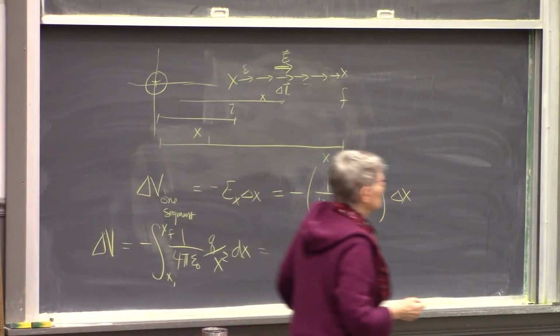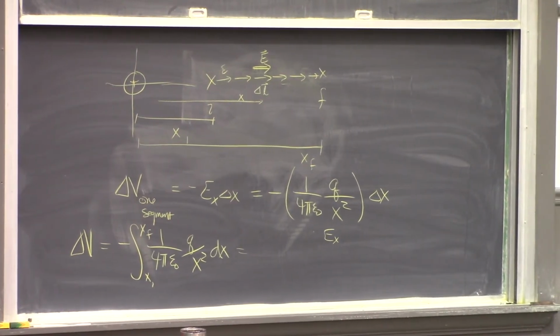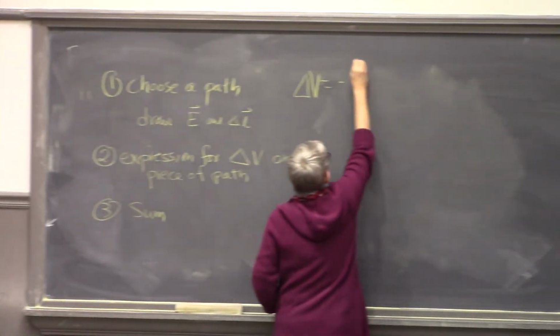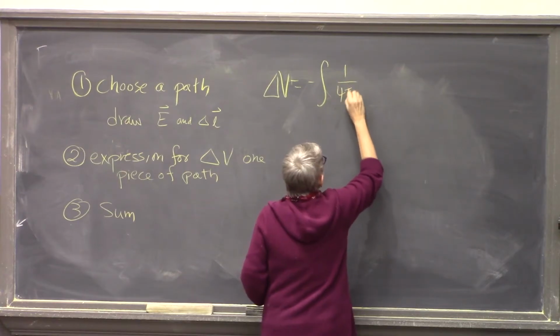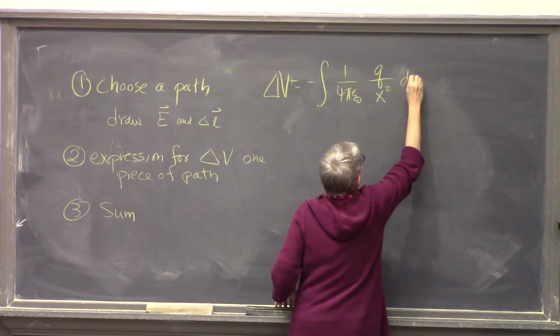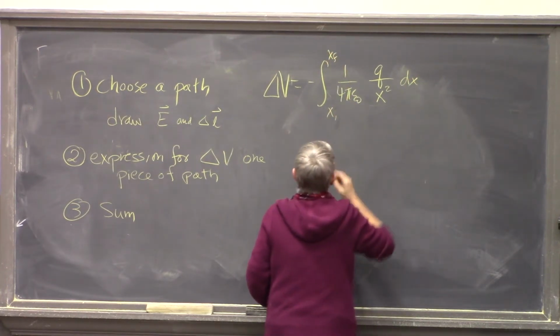Now this is an integral that we can do. Delta V is minus the integral of 1 over 4 pi epsilon 0 Q over x squared dx from x initial to x final.